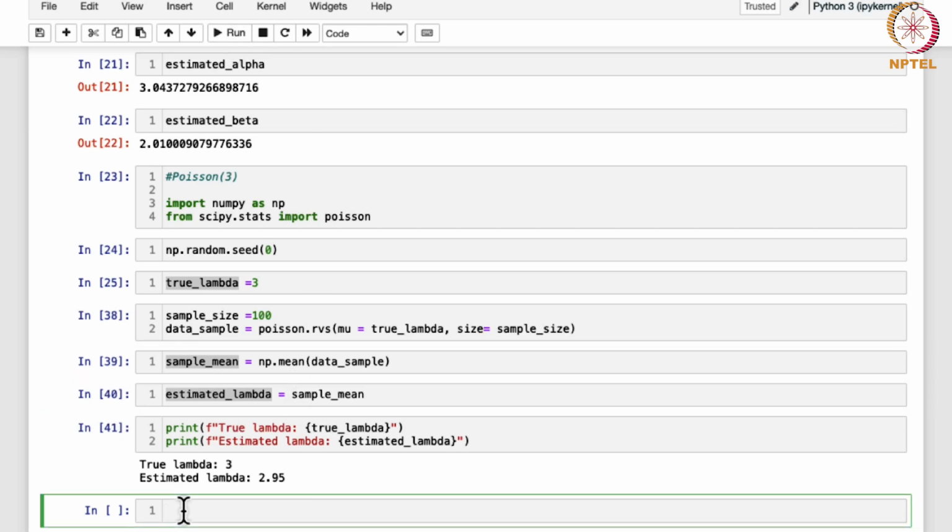Okay, so in method of moments we considered these 4 distributions only, and here also we have seen how close the method of moment estimators that we were obtaining actually are to the true parameter, right? This must have given you some idea and some sense about how estimation works.